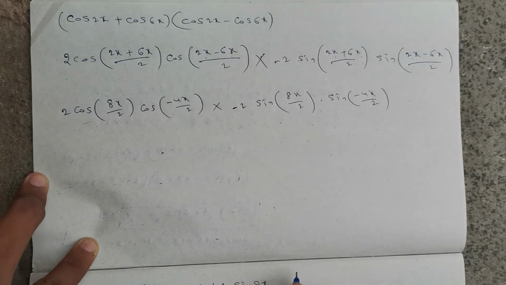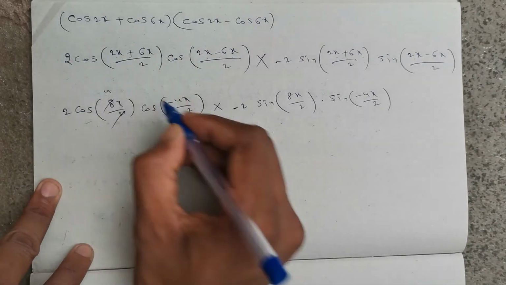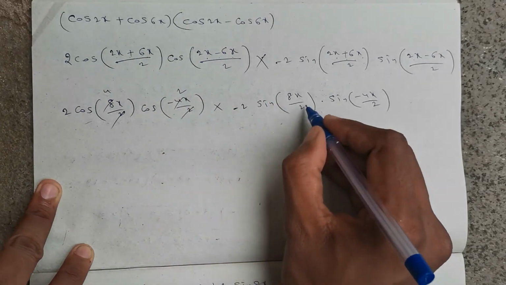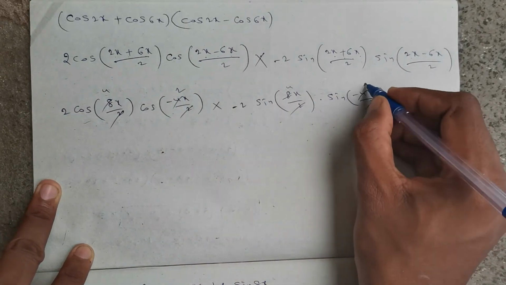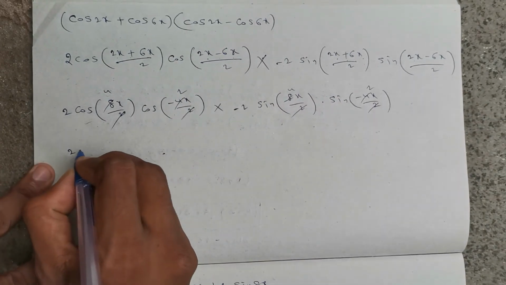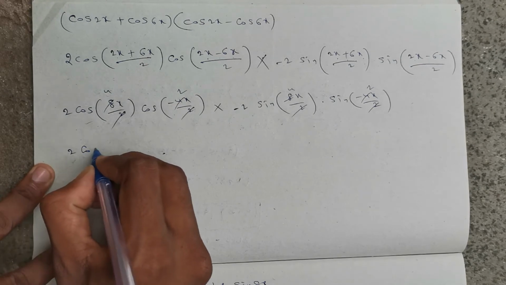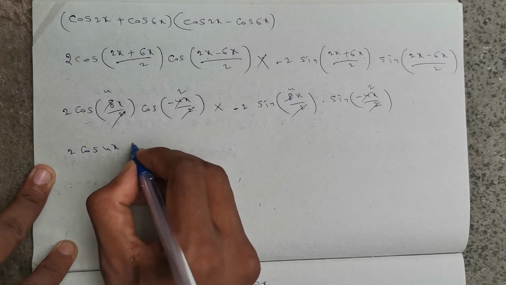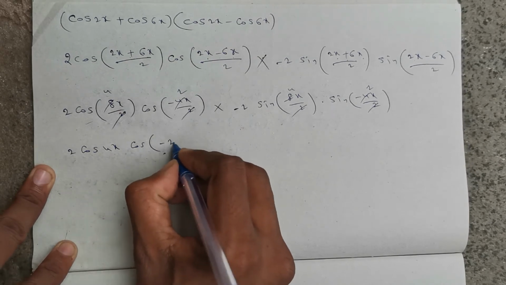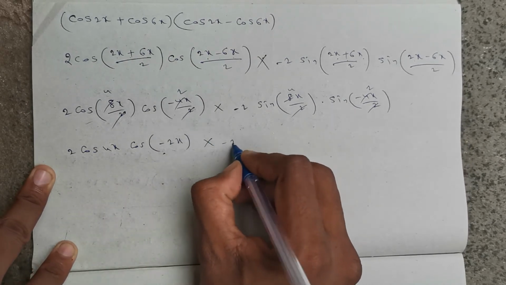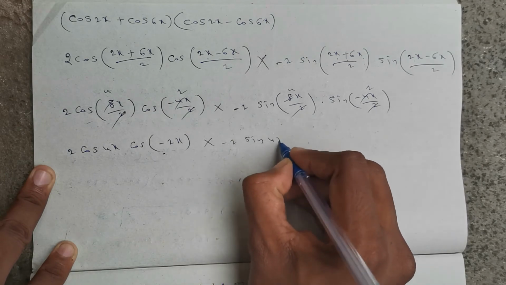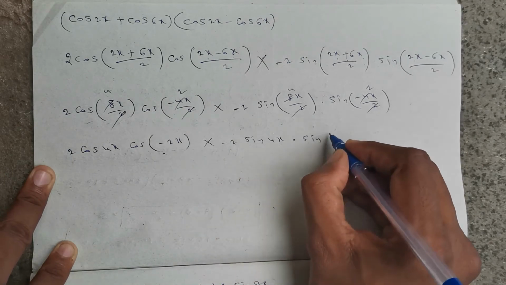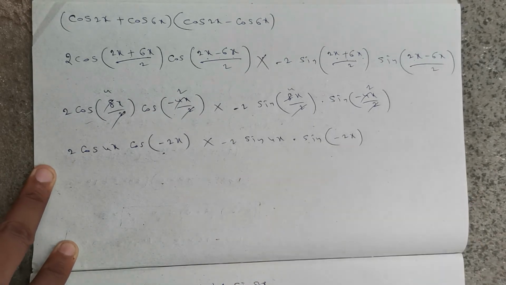First I will check for any simplification. We remain with 2 cos 4x into cos of minus 2x into minus 2 sin 4x into sin of minus 2x.